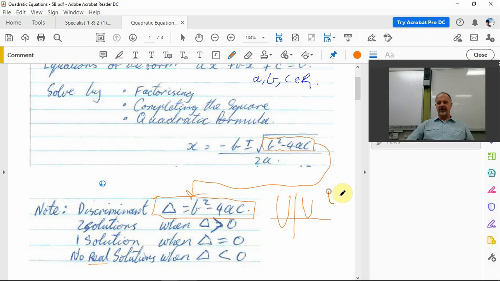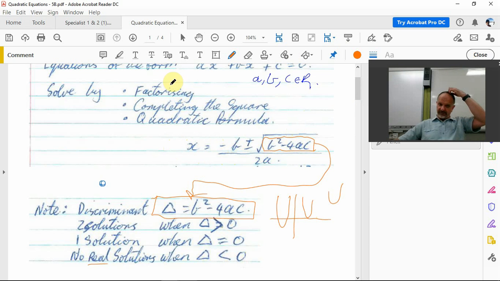And then no real solutions, it doesn't intersect at all. Right, so that's just one example of solving that equation. If we're looking at a quadratic graph, however, we may have quadratic equations in other situations.